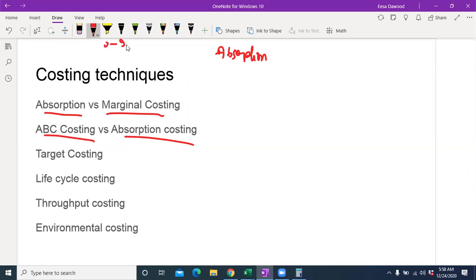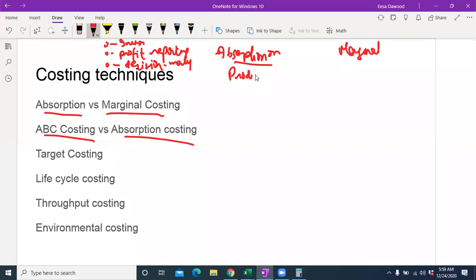It is used for inventory valuation and for profit reporting purposes, there are two techniques being used, and the third difference is that one of them is being used for decision making.